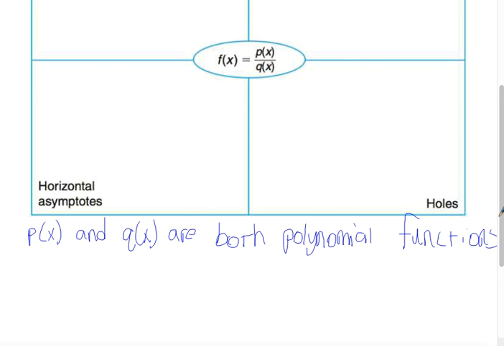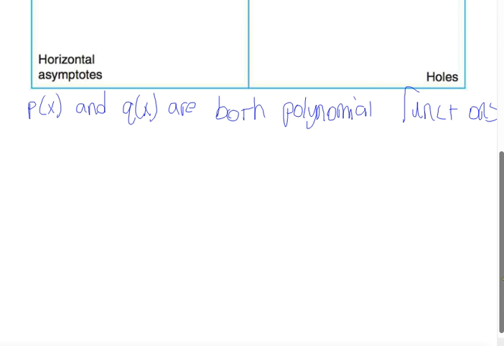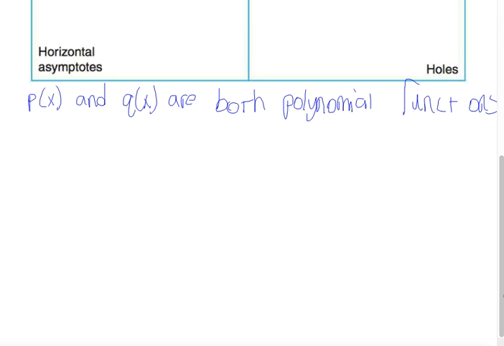One thing that makes these graphs weird is that we can have points where the graph is not defined. We know division is not defined whenever the denominator is 0.